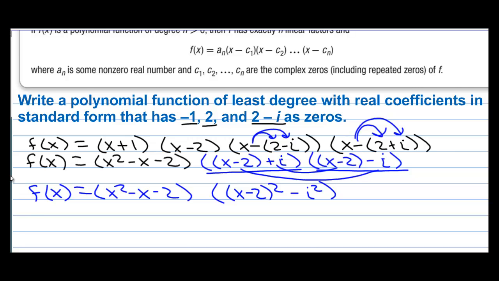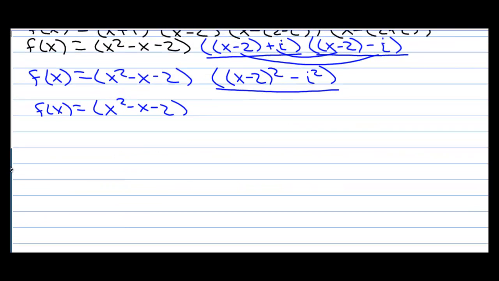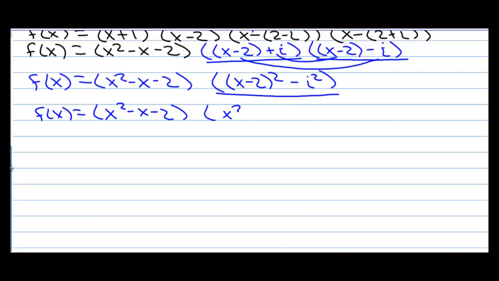And now we have to multiply this out right here. f of x equals x squared minus x minus 2, but then times x squared minus 4x plus 4. That's that foiled or multiplied out. Don't forget the negative 4x in the middle. And let's look at i squared.